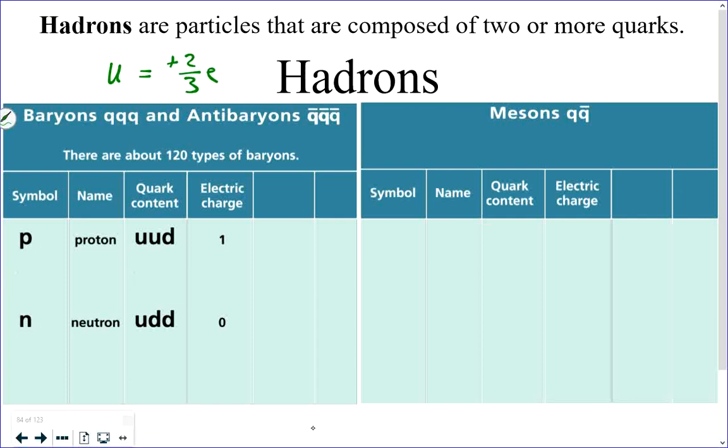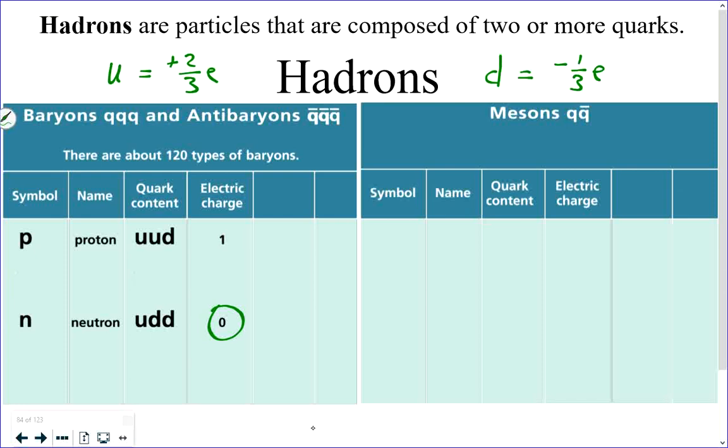A down quark, I'm just putting them up here because this is where I have room, is negative 1/3 elementary charge. So how can we get these 3 quarks together, so that we would have no charge, let's say? Well, since the down quark is only half the amount of negative charge that the up quark has positive charge, we would need 2 of those down quarks, wouldn't we?